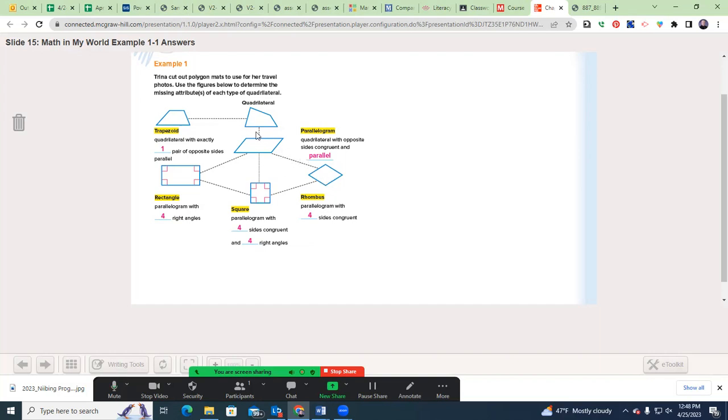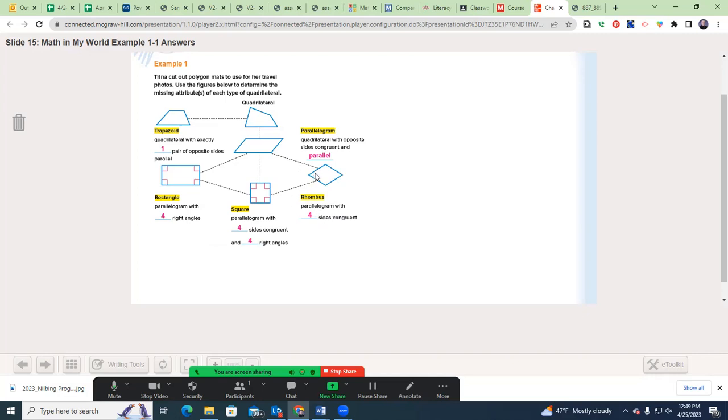A rhombus is a parallelogram with four sides congruent. So a rhombus is what I just mentioned there, with four sides of the same length, or congruent. Sometimes people call them kites. Please use rhombus, because I've seen kites where it's much more elongated. Now there's a particular type of rhombus.